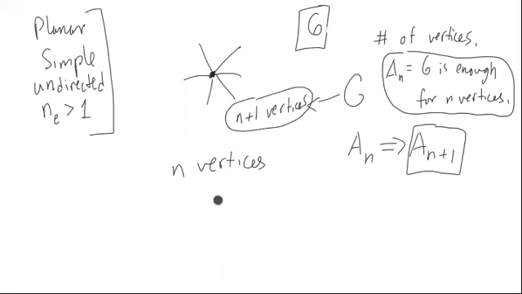Maybe when you remove that particular vertex and all the edges connected to it, you may actually disconnect your graph, so you'll have 2 separate connected components. That's possible. But no matter what, your graph will still be planar, and the 2 connected components, if you had them, would still be planar. The number of vertices in each of them would be less. The components would still be simple, and still undirected.